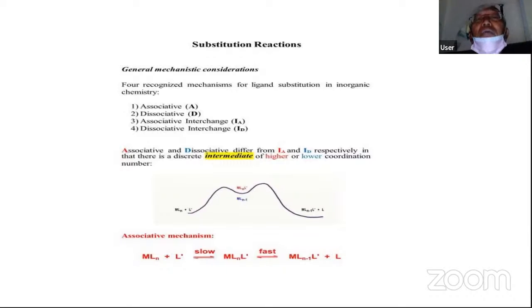So what I want you to focus on is, look at these two mechanisms, the associative mechanism, the dissociative mechanism. We call it associative when the new ligand comes and joins the group. When the ligand leaves the group, and the new ligand comes in, that is dissociative. But the Americans have more ideas. Okay, they also consider the interchange, at the guard house.